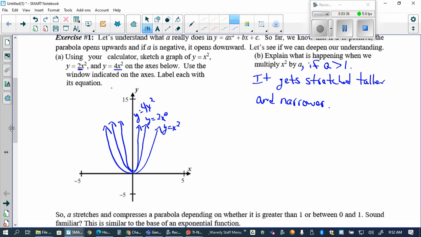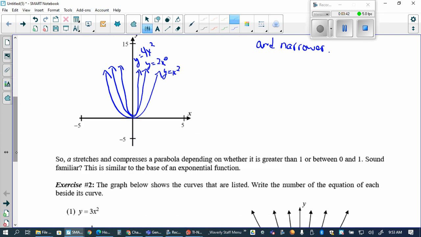Talk about in between. If a is in between 0 and 1, like for example, 1/2, 1/3, 0.7. Well, 5 halves would be bigger than 1, right? So be careful. Just say between 0 and 1.